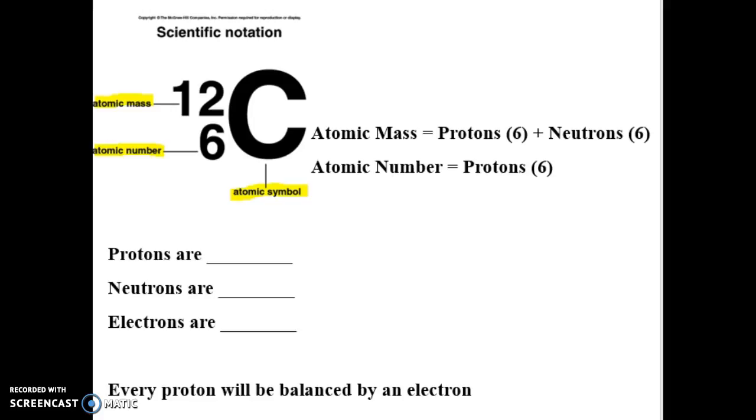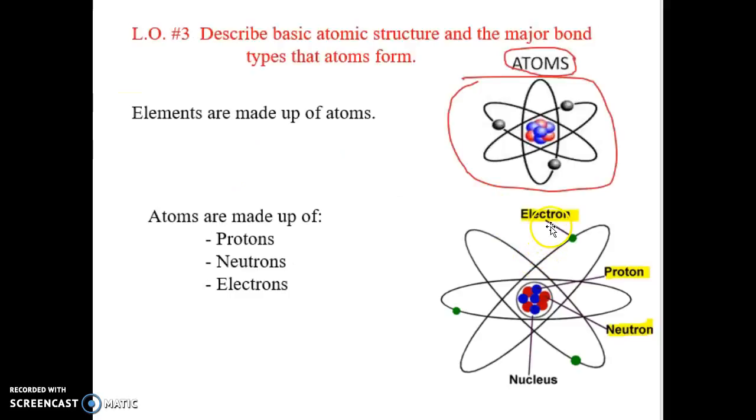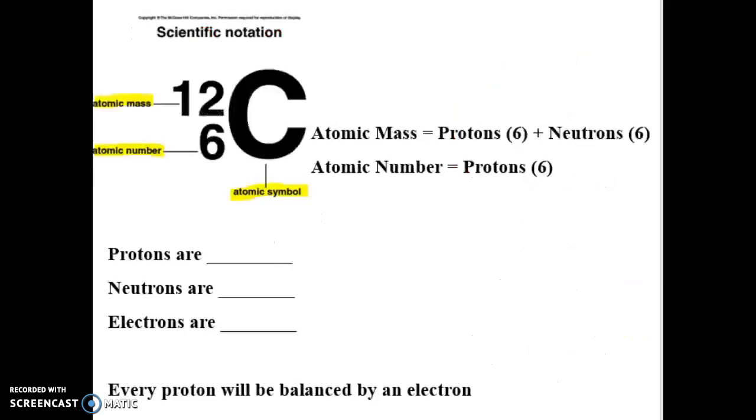The third key piece to figure out are the electrons. Keep in mind, protons and neutrons are clustered in the center. Electrons are going to be out in these rings or shells. I'll show you those in a second. Sometimes they're called valence rings or orbitals. But that number is always going to equal the number of protons.